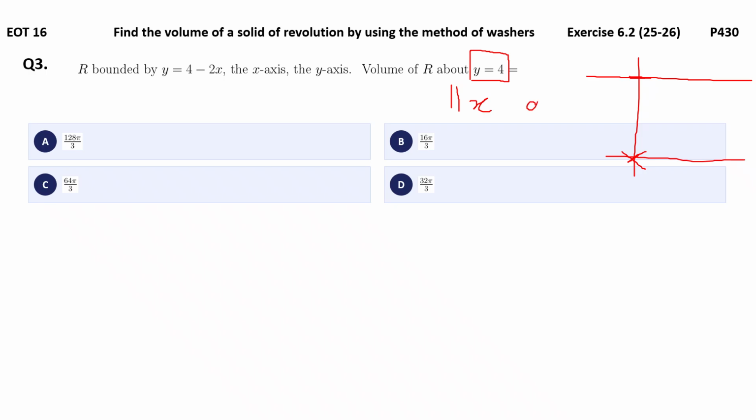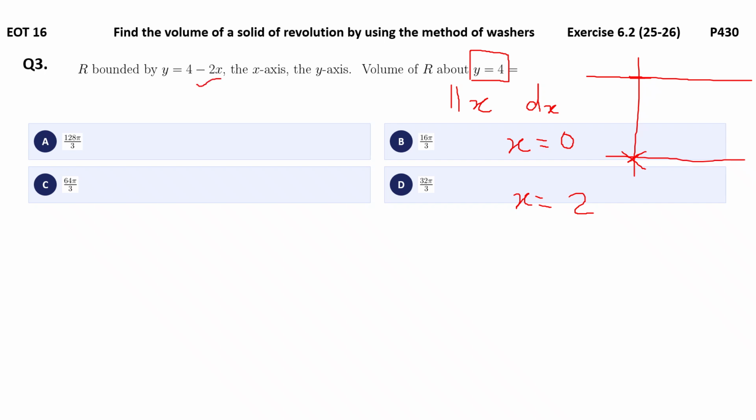So we will focus on the x function, and even your limits should be of x. So as you found before, one of the limits will be 0 and the other will be 2.